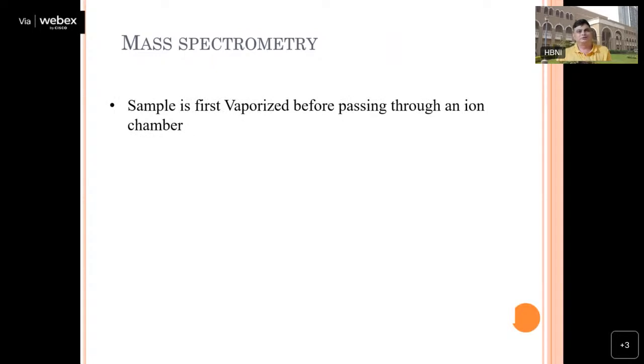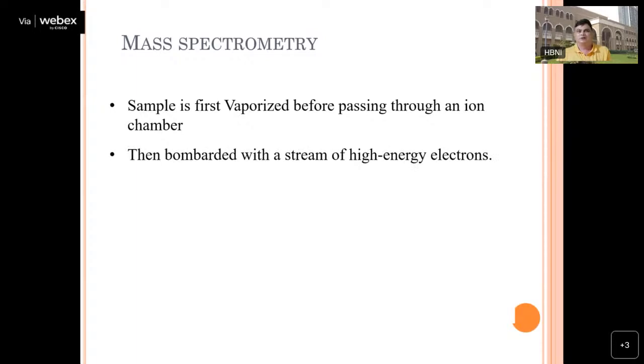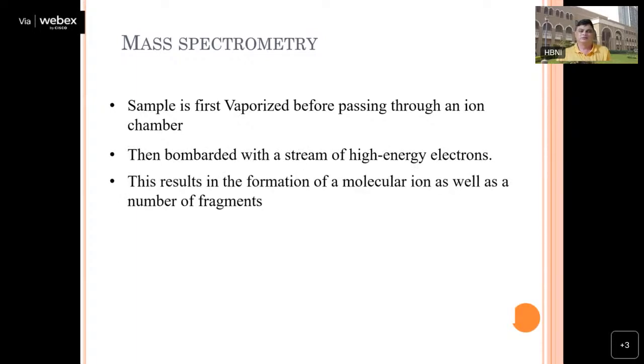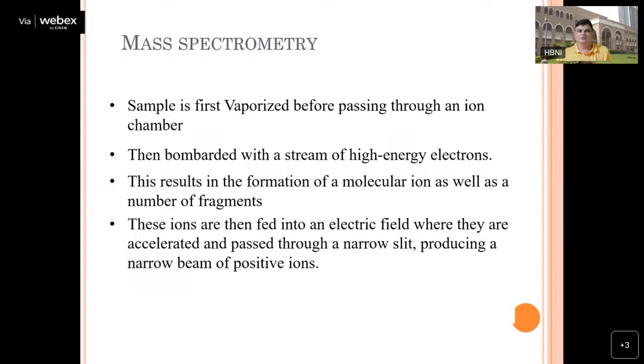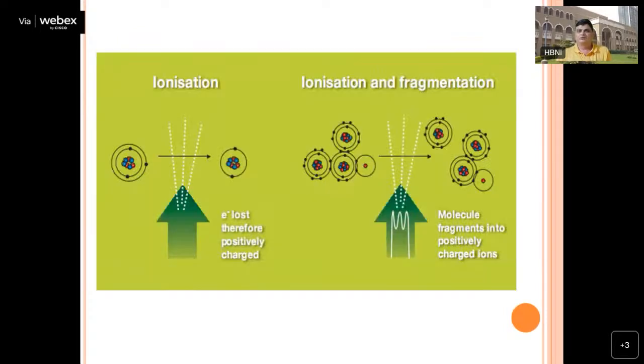So the sample is first vaporized before passing through an ion chamber. The molecules are bombarded with a stream of high energy electrons, which results in the formation of a molecular ion as well as a number of fragments. These ions are then fed into an electric field where they are accelerated, basically through what we call optical lenses, and pass through a narrow slit, producing a narrow beam of positive ions.